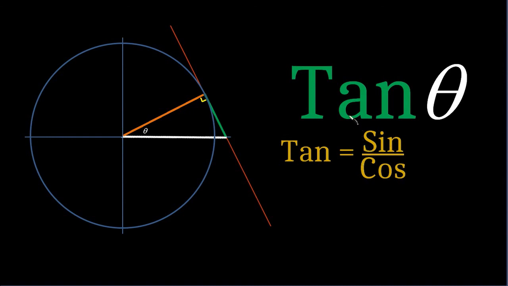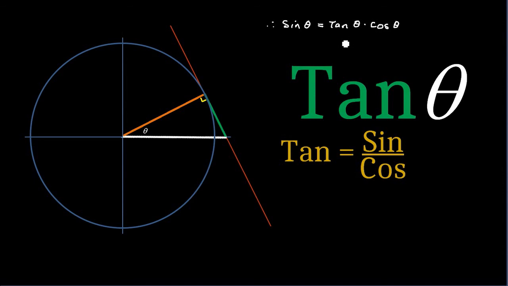And equally, if that's true, you would say that the sine of any angle, let's call it theta, the sine of theta has got to equal the tan of theta times the cosine of theta, cos theta. So just by rearranging there, in other words, what we've done is we've multiplied both sides by cos.